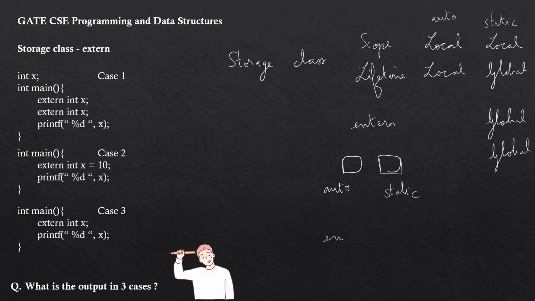But in the case of extern, there is no memory being allocated. The reason is that it is going to point to the global variable. So there is no memory being allocated, it is just using the value of the global. So it has global scope and global lifetime.